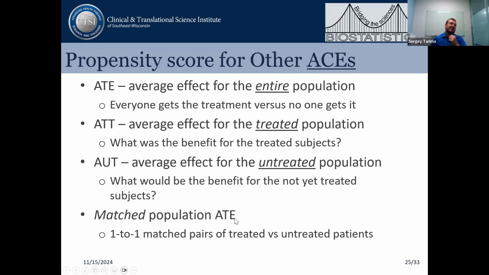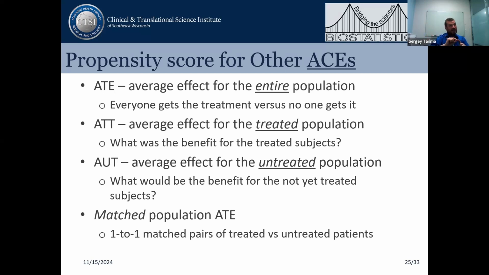Another possibility is that if propensity scores are used for matching, suppose we get 1-to-1 matching, right? This is typically applicable if you have a small number of cases, those who have been treated, and plenty of controls. In this case, we can run this logistic regression, calculate propensity scores for all cases and for all controls.